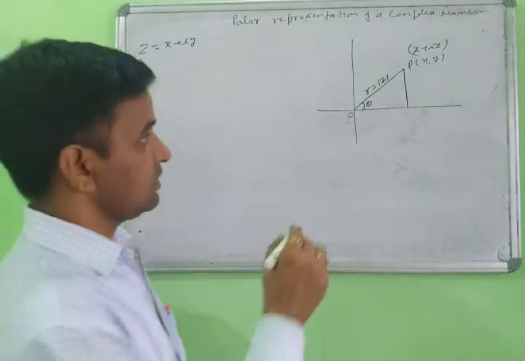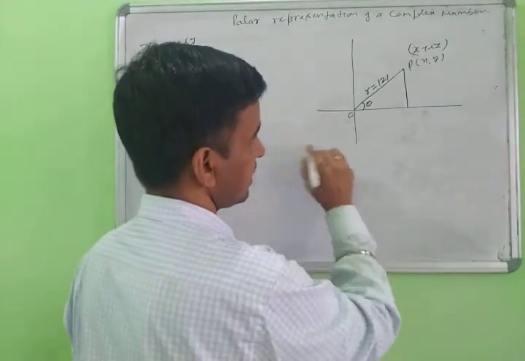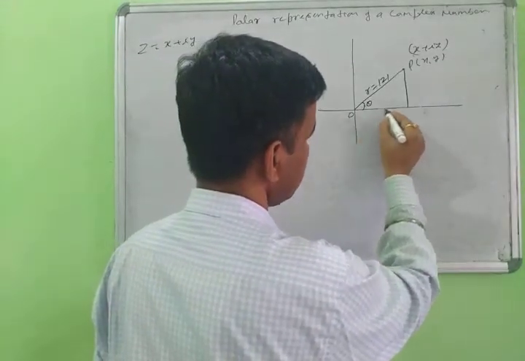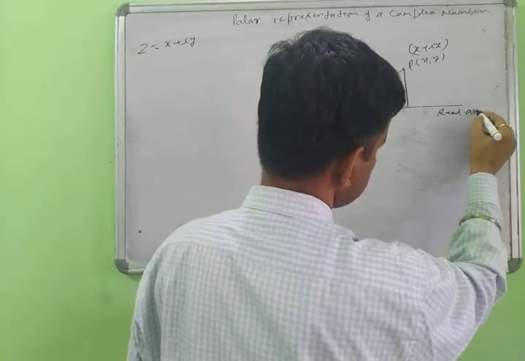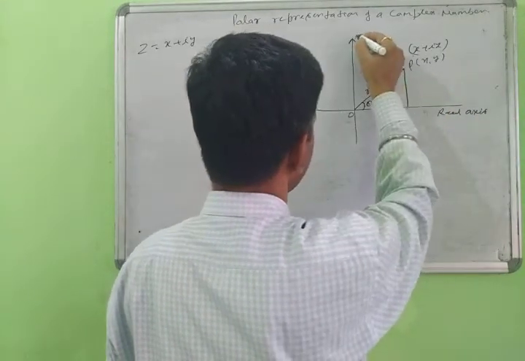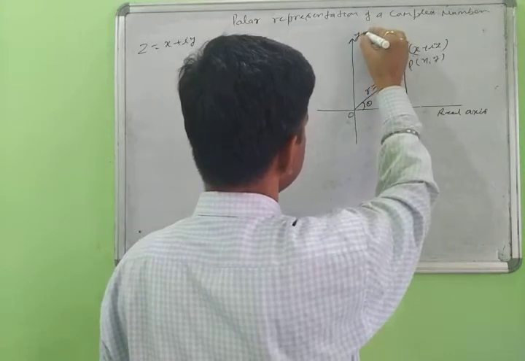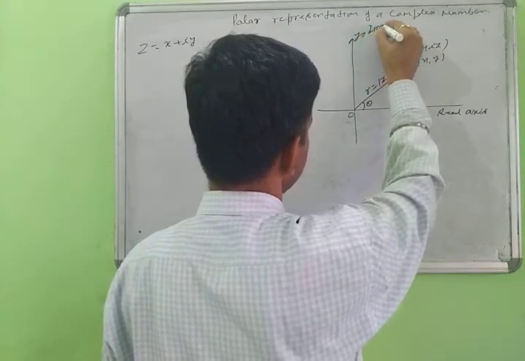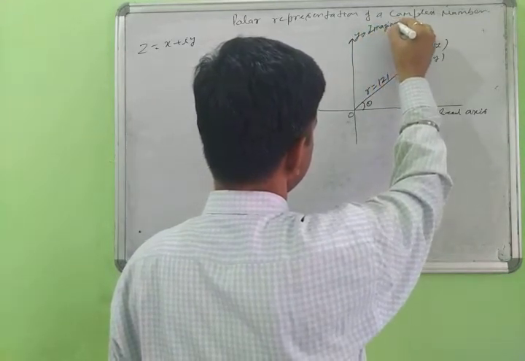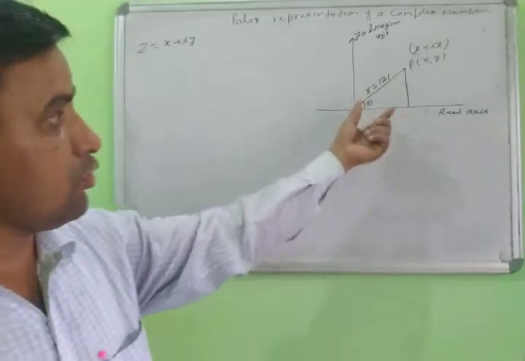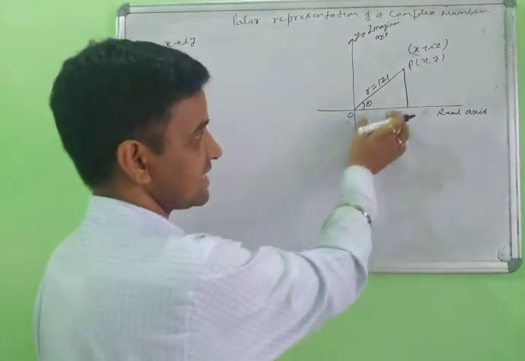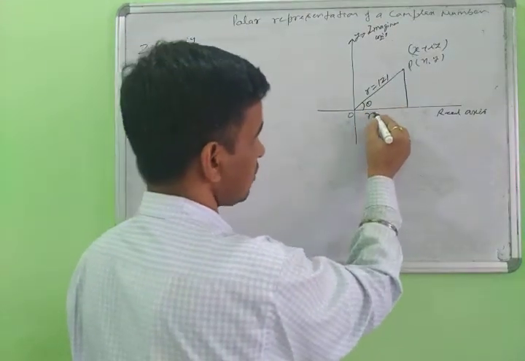Yes, suppose this is the angle theta given, this is your base, the real part, the real axis, and this y is the imaginary axis. How do you find this? This is the x-axis, meaning r cos theta.